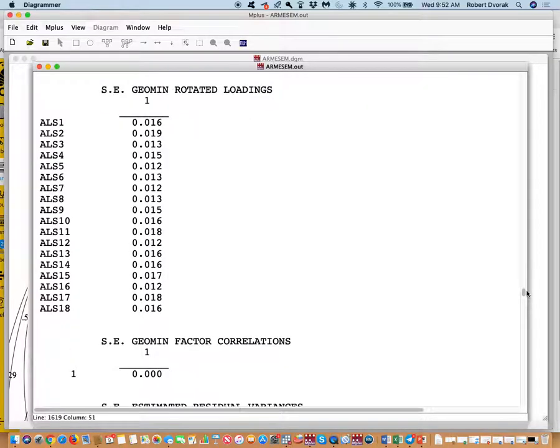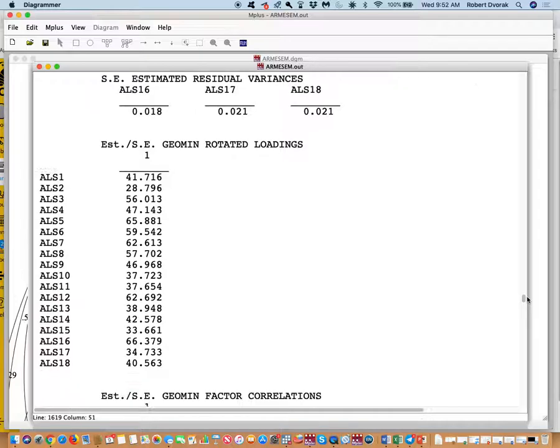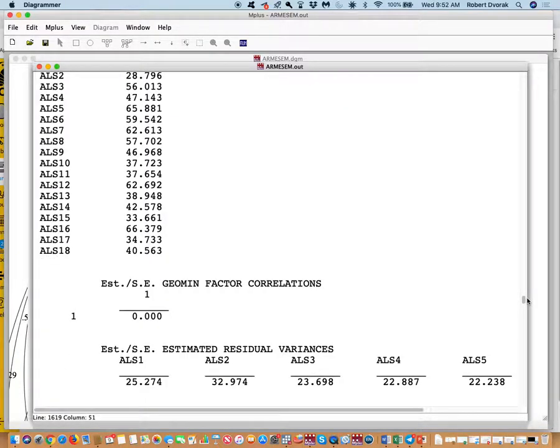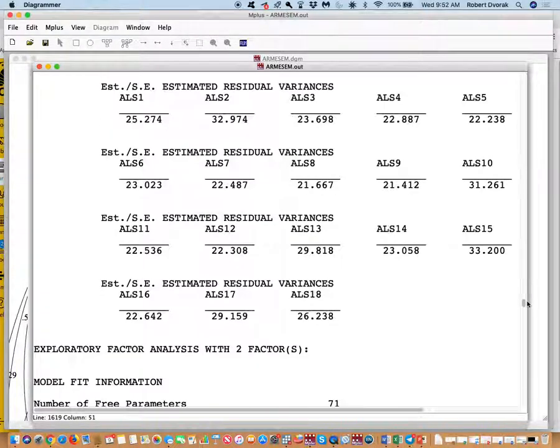Those are your standard errors for your loadings. Don't worry about that. Standard errors for your residuals. You don't have to worry about that. The estimate divided by your standard error. These are your z-scores for your factor loadings. Don't worry about that. Then we have the geomin factor correlations. Again, don't worry about that.